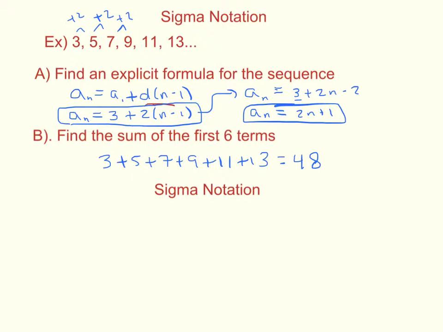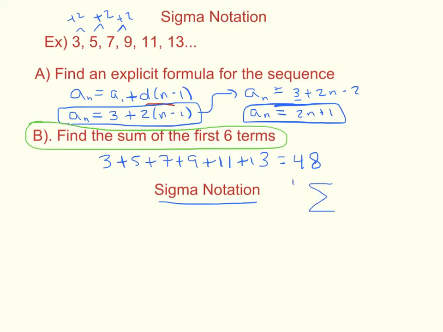Now, I want to draw your attention to question B. If I don't want to write this question as it is, there's a concise way of writing it. And that's using what's called sigma notation. So sigma, for those who don't know, is this Greek letter.